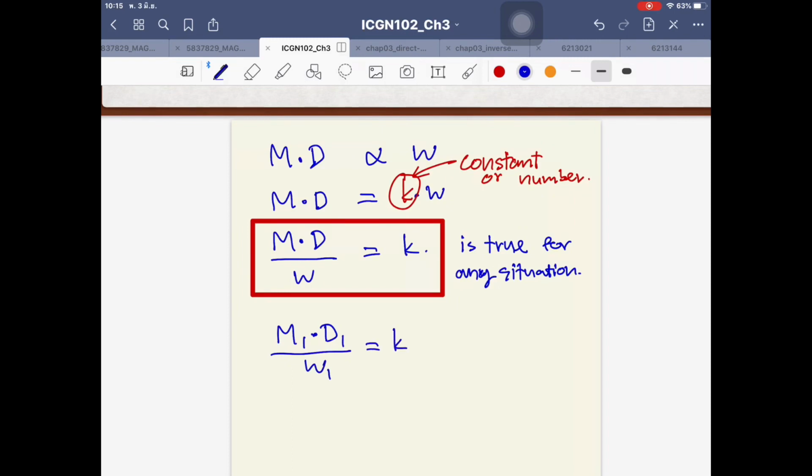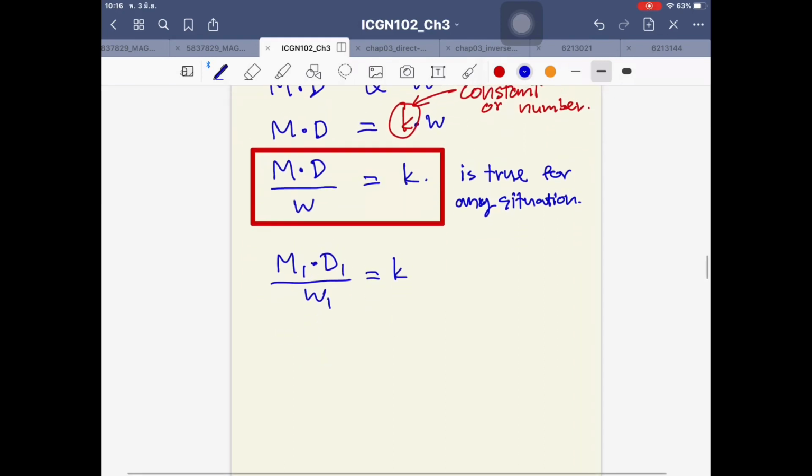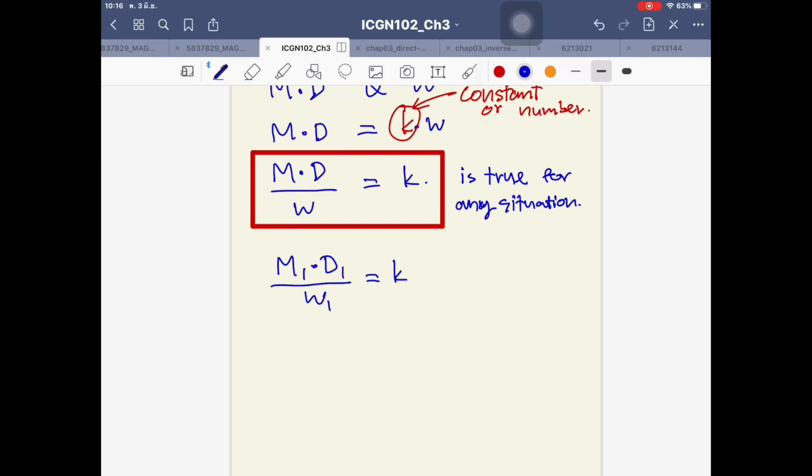This thing will give you just the constant K. And then for the second situation, we just use the subscript of 2. So now you have M2 times D2 divided by W2. And this thing again will give you just the constant K. Both of them are equal to K, so actually they are just the same.